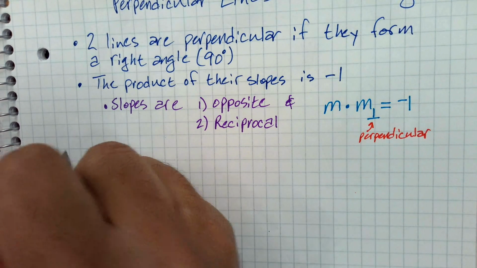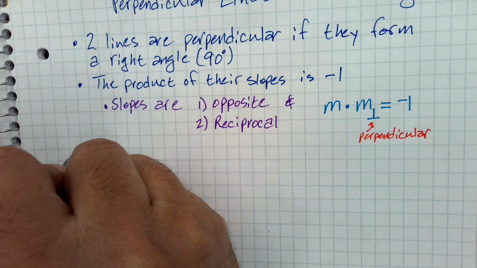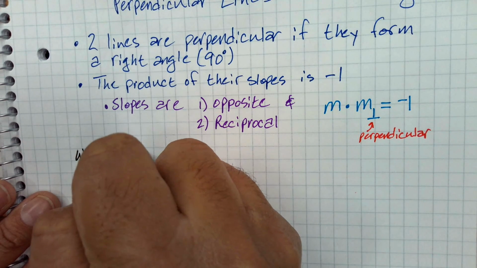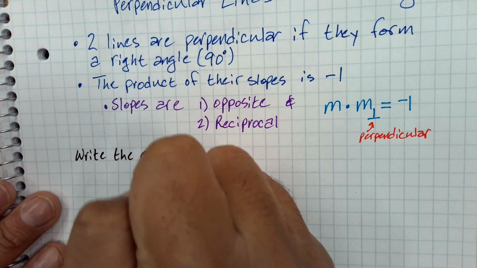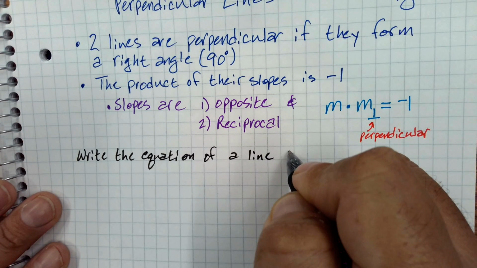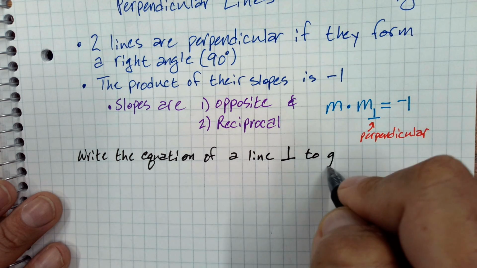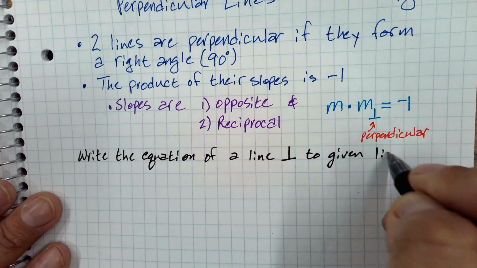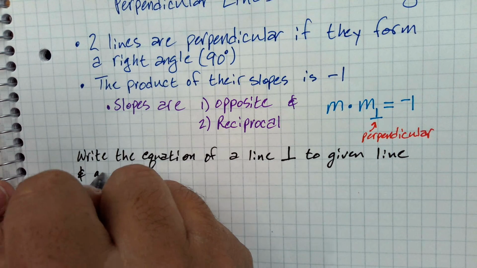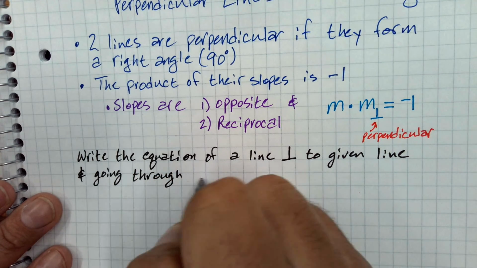We're going to write the equation of a line perpendicular to the given line and going through the given point.